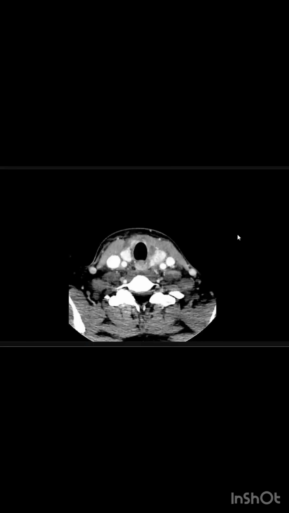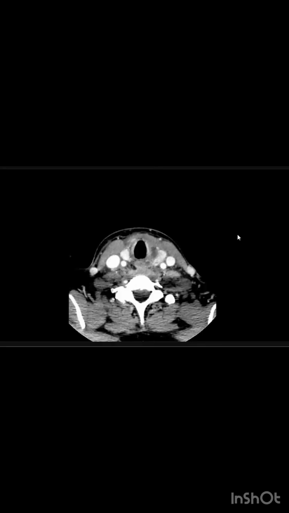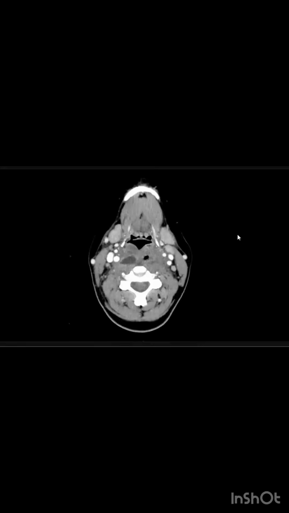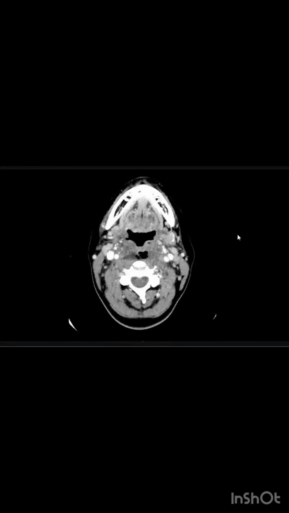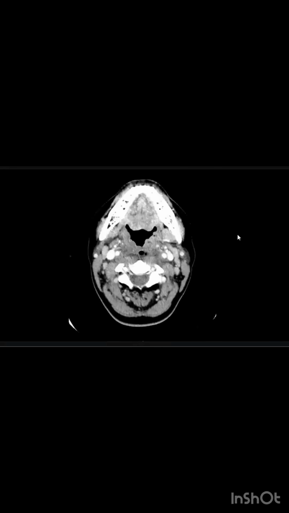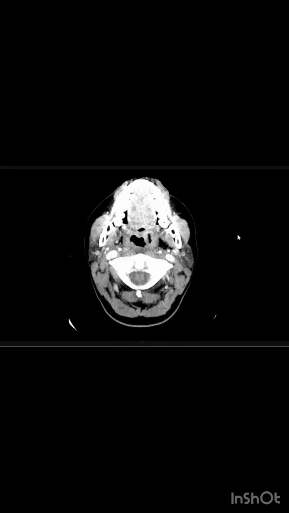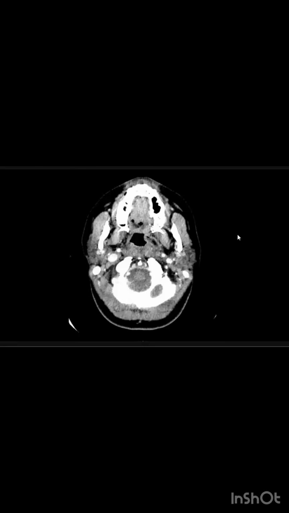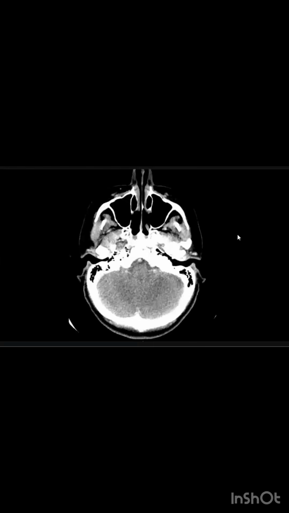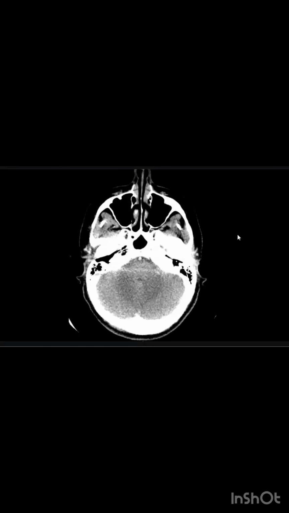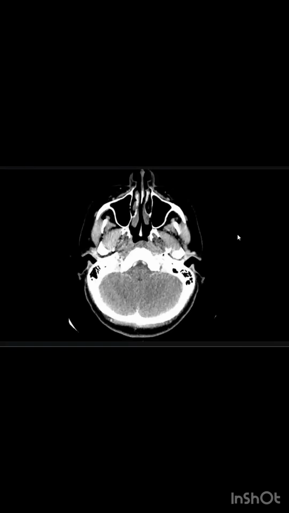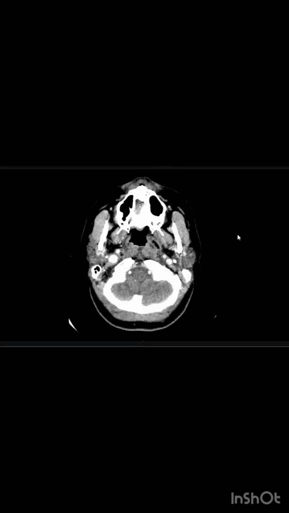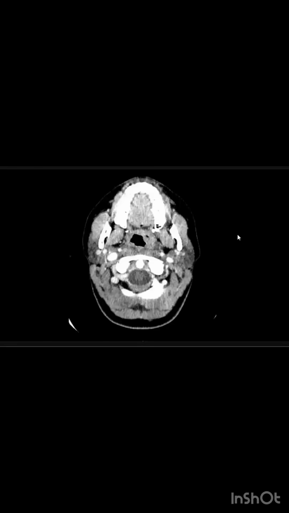Yes, I'm just scrolling. I'm presented with the post-contrast CT scan of the base of skull. I'm scrolling through the whole stack of images, then I will comment.